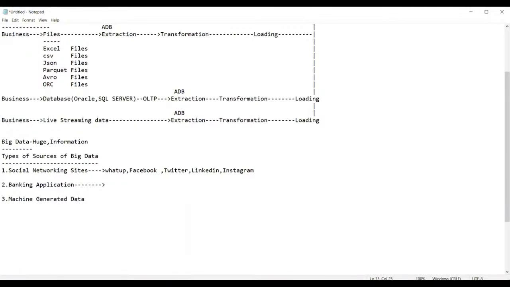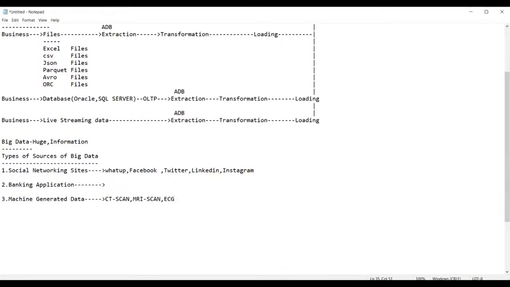Machine generated data. What do you mean by machine generated data, guys? It is the data generated by a machine. Suppose you have a CT scan machine, which scans the human body, or an MRI scan machine, or even ECG machines.